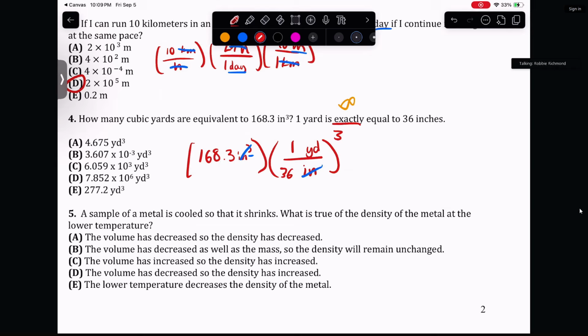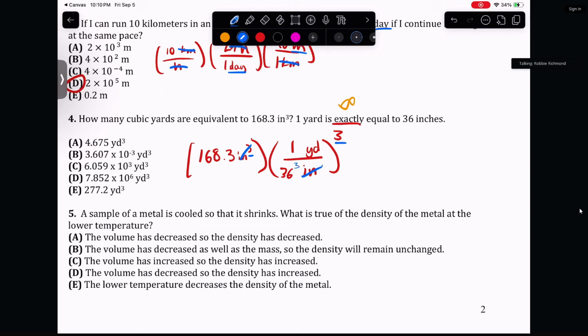So let's put that in the calculator. 168.3 divided by 36 cubed. Remember, just because we canceled out the units does not mean we can ignore the exponent for the actual number that goes with the unit.